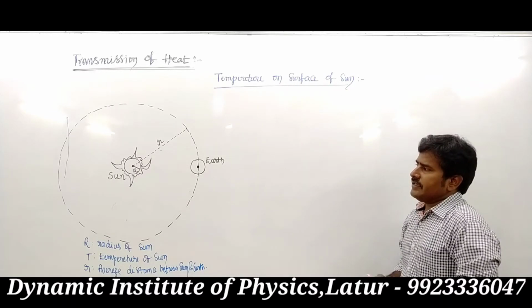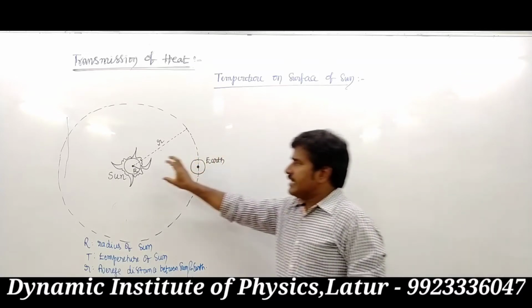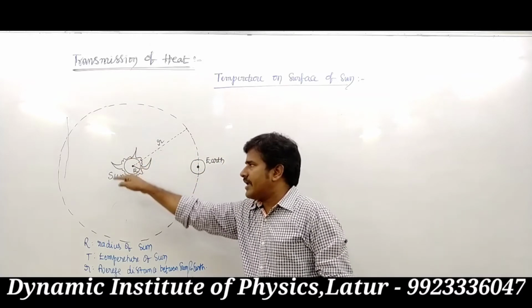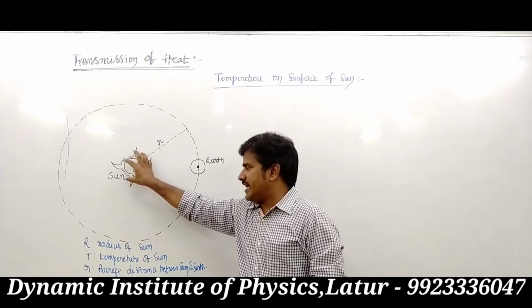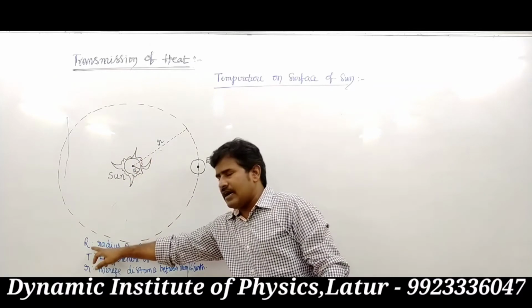First of all, the sun emits radiation in all directions. The sun is a spherical body with area 4 pi capital R square.